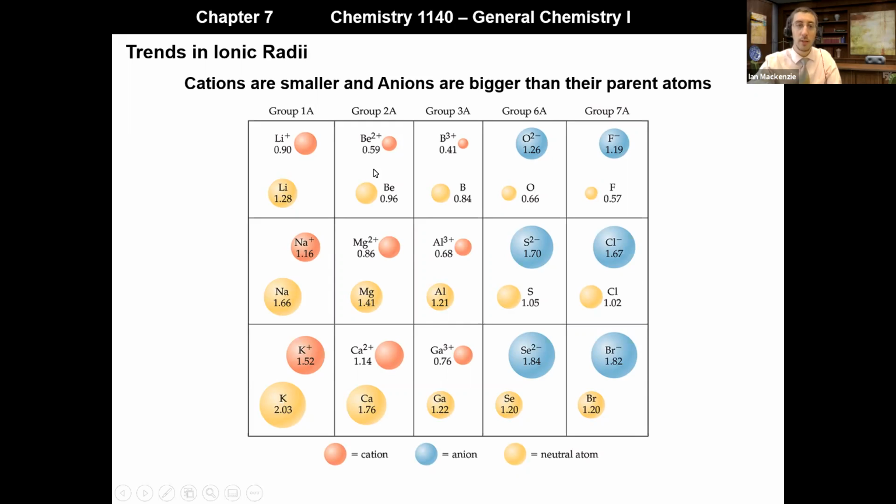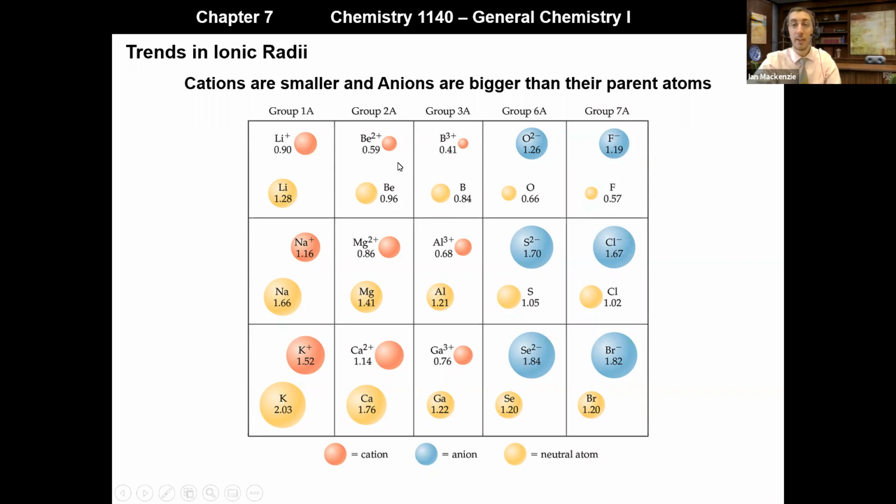So the neutral lithium atom has a radius of 1.28 angstroms, but for the cation, where we have lost the only valence electron, now we have a significantly smaller ionic radius compared to the neutral atom.